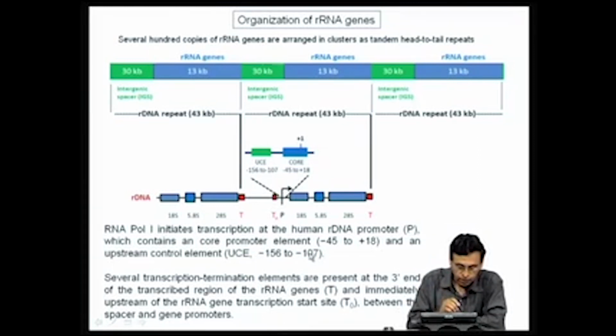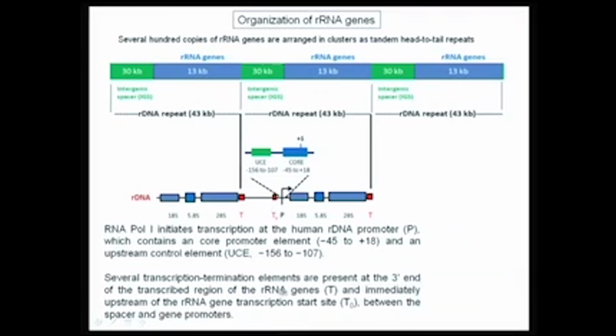There are several transcription termination elements present at the 3' end of the transcribed region of rRNA, designated in red as T here, and they are also present immediately upstream of the rRNA gene transcription site, designated as T0, between the spacer and the gene promoters. So, there are two different kinds of transcription termination elements, one immediately after the transcribed region and one just upstream of the promoter region. They are designated as T as well as T0.